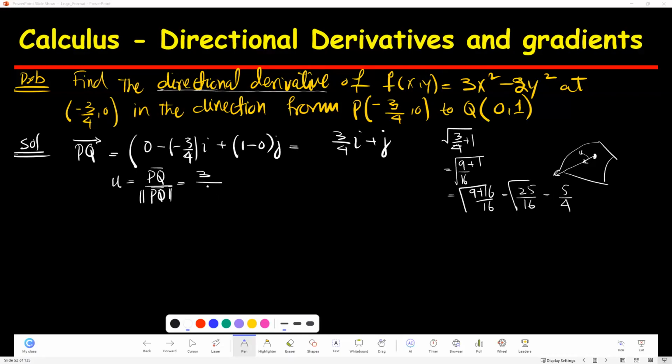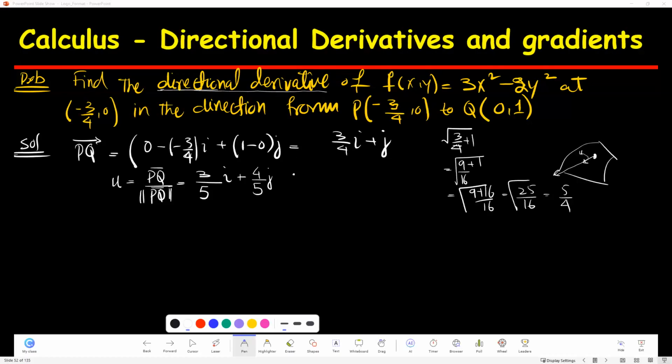So if you substitute the value, I'm just dividing directly by 5: 3 over 5 i plus 4 over 5 j.